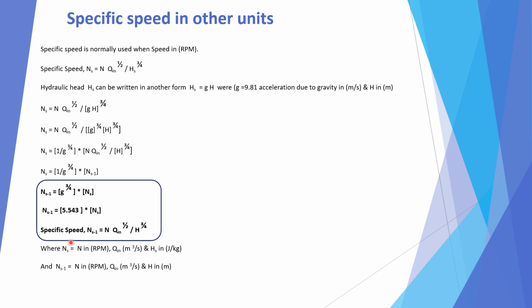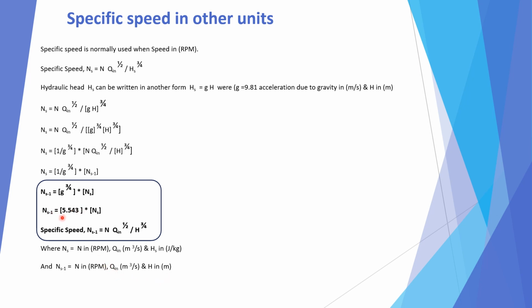So the specific speed Ns1 is equal to N into Q to the power half upon H to the power 3 by 4. So for Ns, N is in rpm, Q in meter cube per second, Hs in joule per kg. For Ns1, N is in rpm, Q in meter cube per second, H in meter.